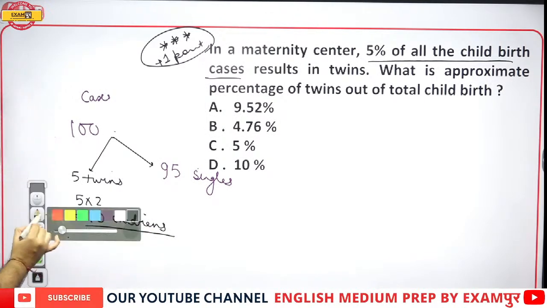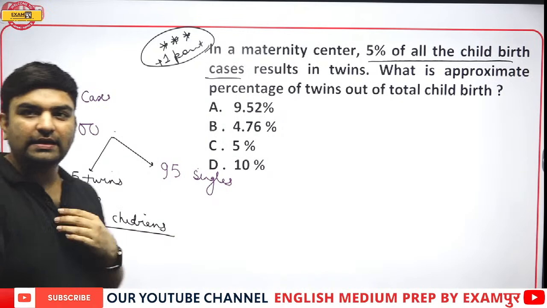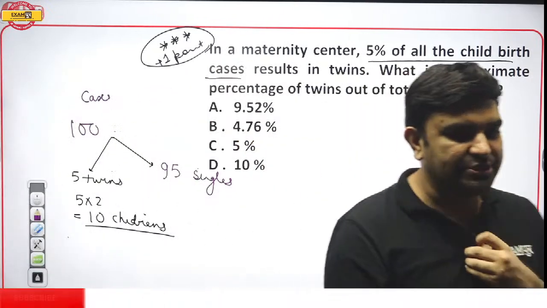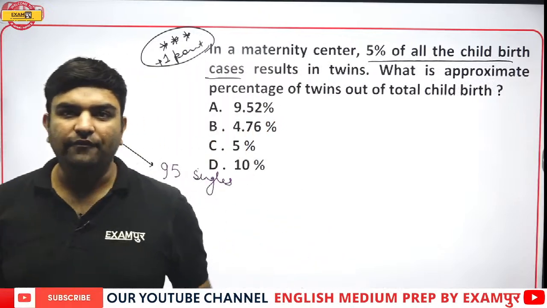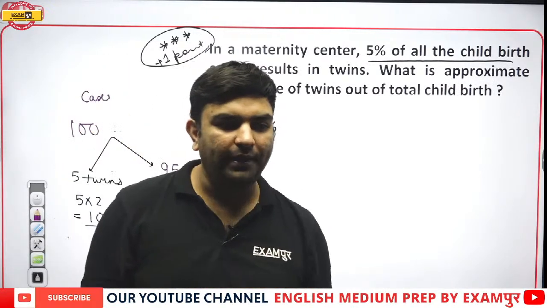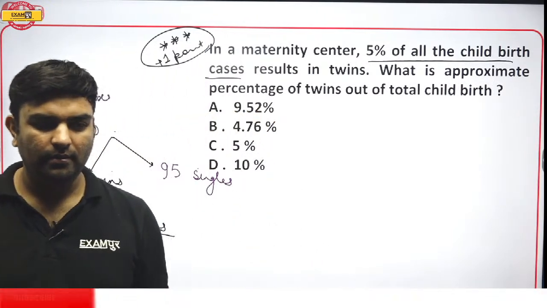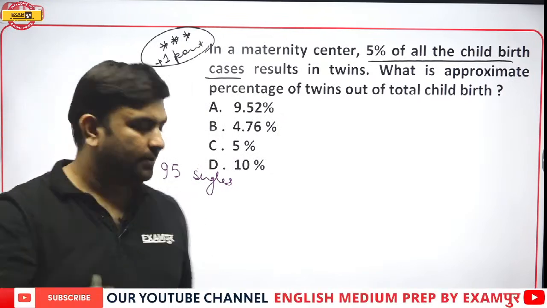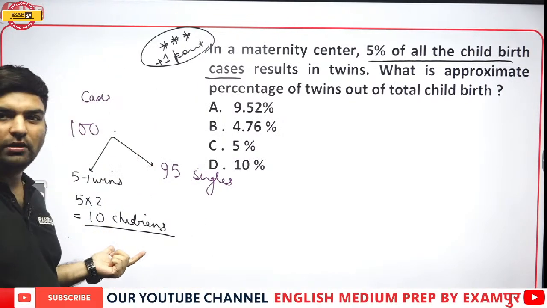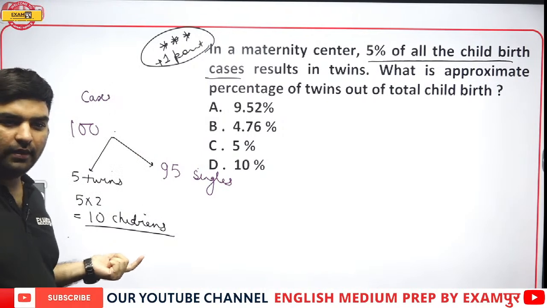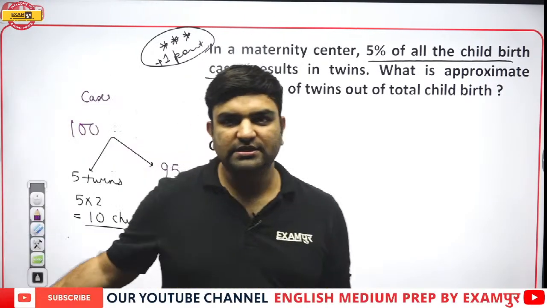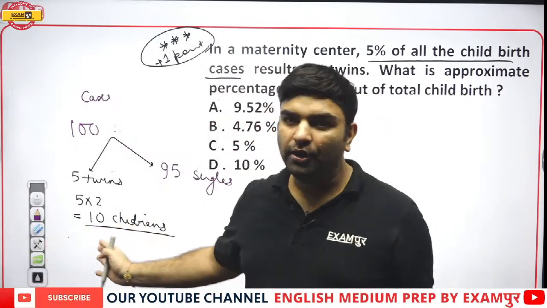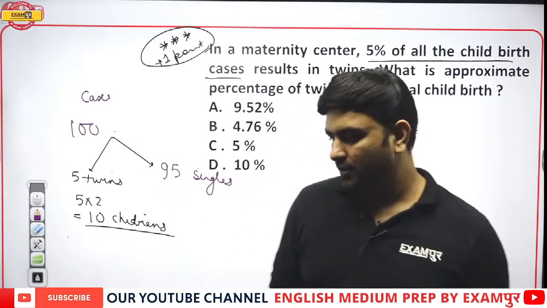Every one of these children would be identified as a twin. If you ask any one of these 10 children, are you a twin, they will say, yes, I am a twin.